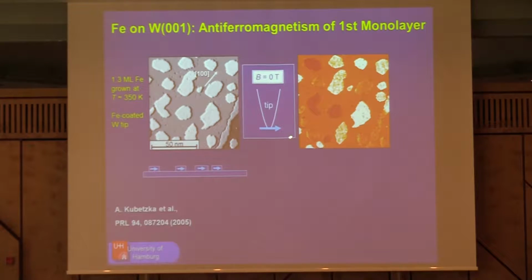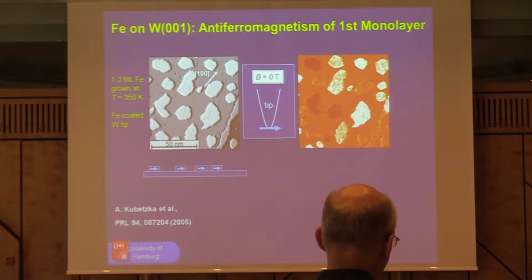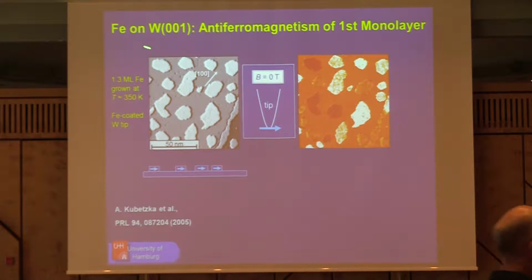So you see that with an in-plane sensitive tip here, we see the 4 different colors because of the 4 different spin-resolved conductance levels, which result from the 4 different orientations of the magnetization in this 4-fold symmetric system. So truly these are just ferromagnetic islands with in-plane magnetization in 4 different directions, orthogonal to each other.